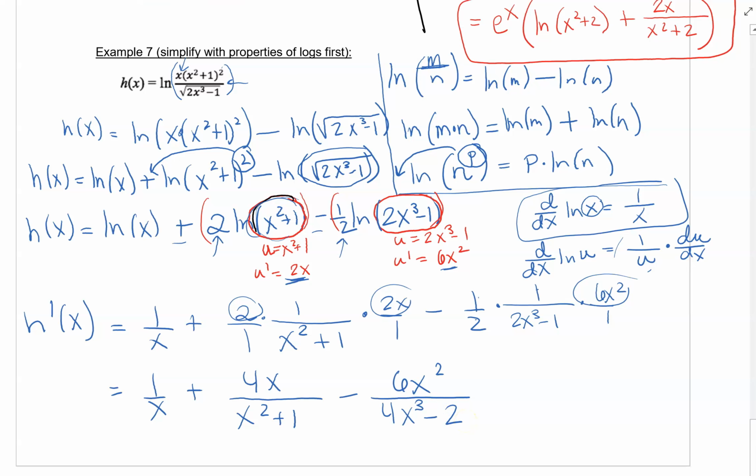I could have done it right here because the 2 and the 6 can reduce. So let's reduce that here as well, because if there are common factors, we should reduce them. So then that would actually be 3x squared over 2x cubed minus 1. And then we can just leave it like that. We can leave it as 3 separate fractions.